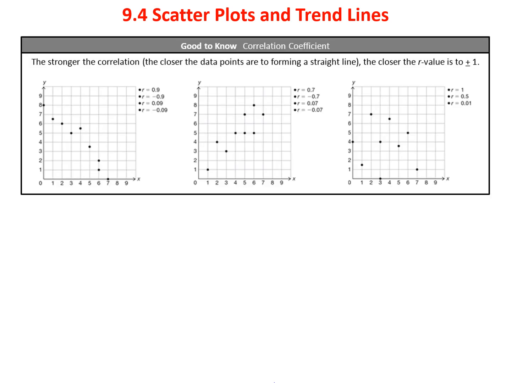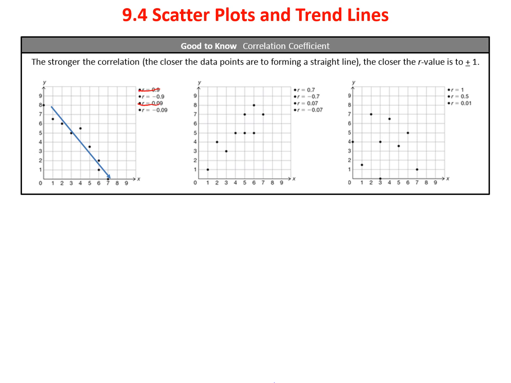So let's try a couple of samples here just to see if we have the idea. First of all, if I look at the first one, I can kind of draw a line. Now what that tells me is whether it's a positive or negative slope. It's negative, so as I look at my possibilities, I already know, since it has to be negative, that this one and this one don't work.